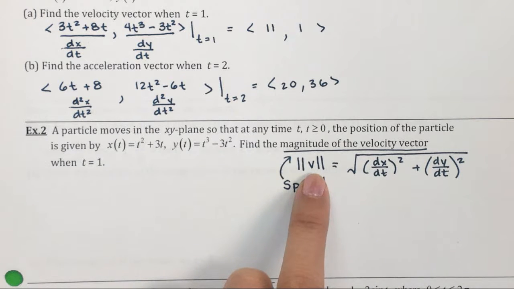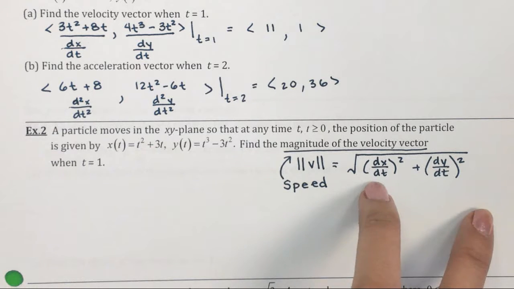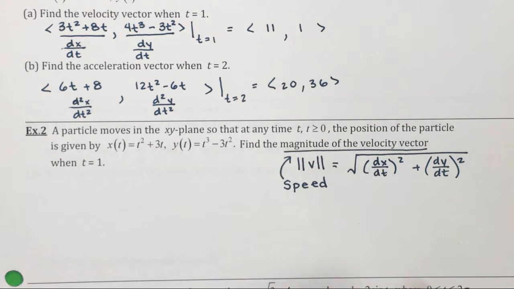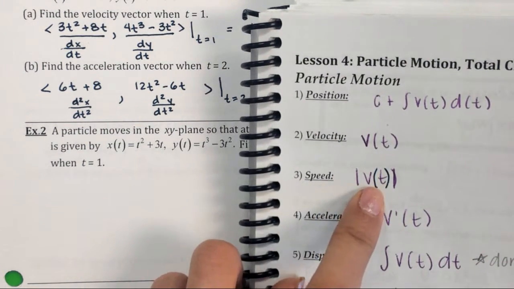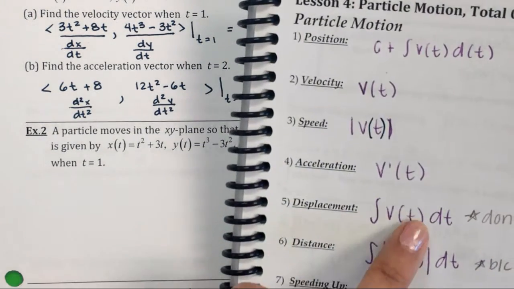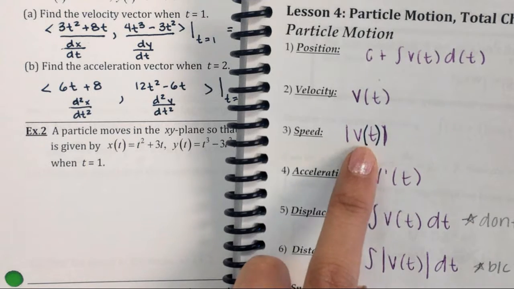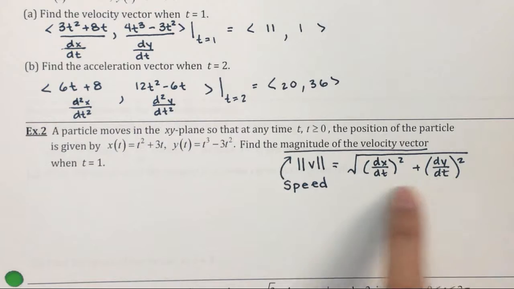Speed is still almost the absolute value of velocity, but since you have two separate components, you've got to combine them and find the actual size of it. So speed is the same thing in one-directional movement as it is in two-directional movement. You just have to find it a little bit differently, okay? Because in one-directional movement you only have one value, but in two-directional movement, you have to find the two combined.